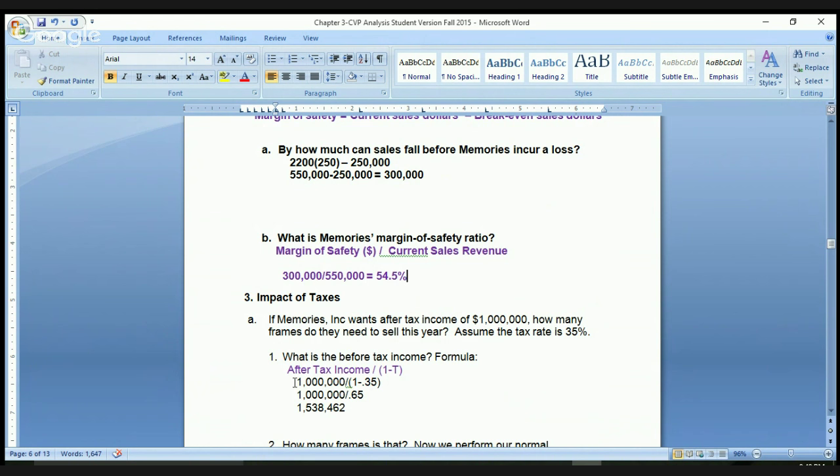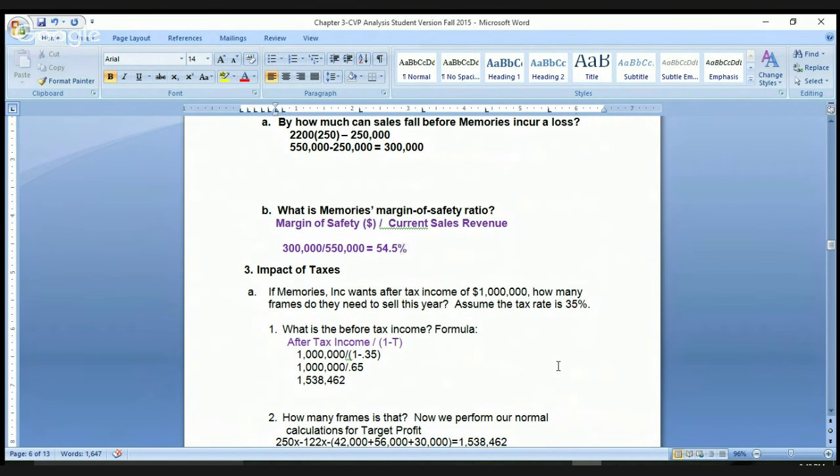So we have $1 million divided by 1 minus 0.35, because remember, anytime you're dealing with percentages, you have to convert it into a decimal. So I'm going to take 1 million divided by 0.65, because that's 1 minus 0.35, and I get 1,538,462. And so that's what my target income has to be.